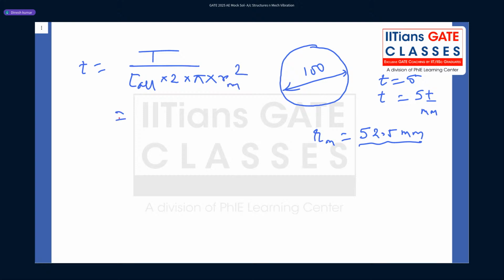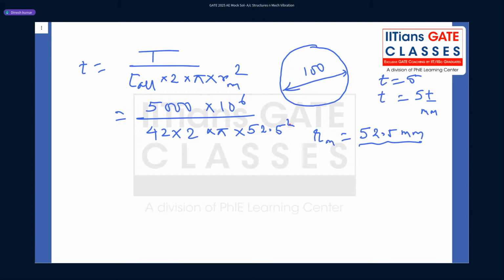Now from here, everything is known. So it is 5000 into 10 to the power 6 into 42 into 2 into pi into 52.5 square.